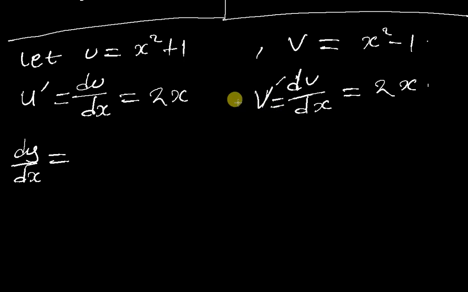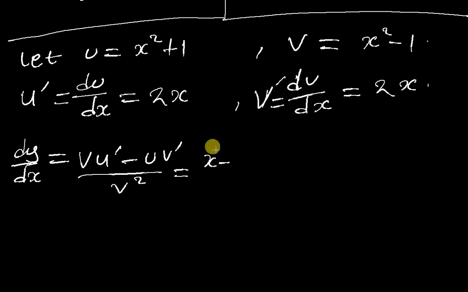Okay. So the formula is simply v u prime minus u v prime, over v squared. So we replace the functions there. The value of v is simply x squared minus 1, multiplied by u prime. U prime is simply 2x, then minus v prime.